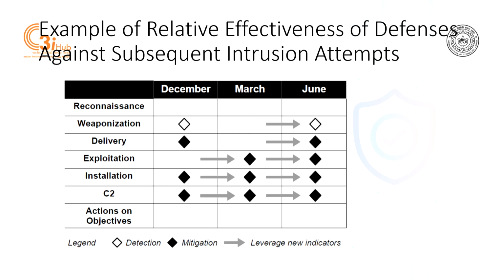And again, this Lockheed Martin cyber kill chain is a way of organizing your thoughts and your defense in response to what the attackers might do. It is a way of conceptualizing what the attackers might do. It does not mean that the attacker is exactly following these 7 stages, and there are other things outside these 7 stages that the attacker might do, which may not be properly captured in this model.